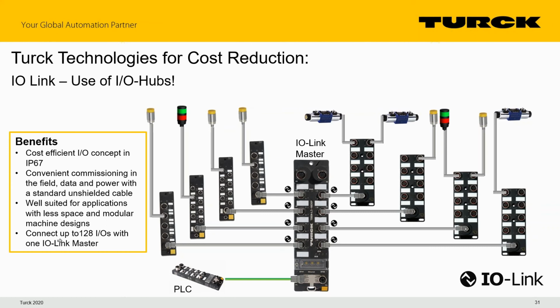That is, if you have a high density of I/O points, because this cable here has a limit of 20 meters. But if you have that high density of discrete general purpose I/O, IO-Link is going to save a lot of money because each one of these is a little bit less than half of its Ethernet equivalent.